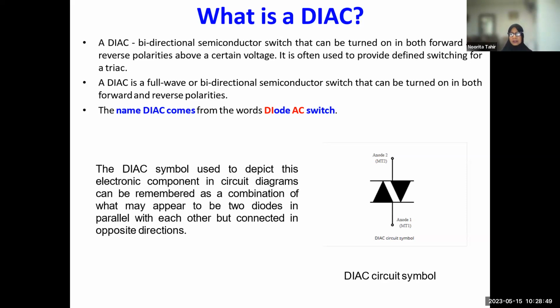Sebenarnya a term that results from the symmetry of their characteristic. We will see the characteristic after this. Okay, so diacs come in a variety of formats. As discrete components, they may be contained in small leaded packages. They can be obtained in surface mount packages juga, in large packages that bolt to a chassis, atau a variety of other packages.